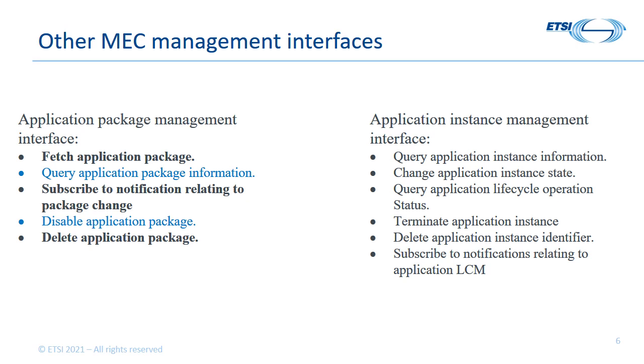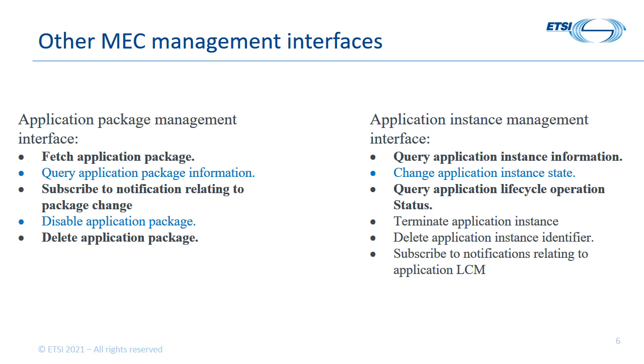A list of application instance lifecycle management interfaces is shown in the right group. The client can query information about an application instance, and can change application instance status, for example, to stop an application instance.